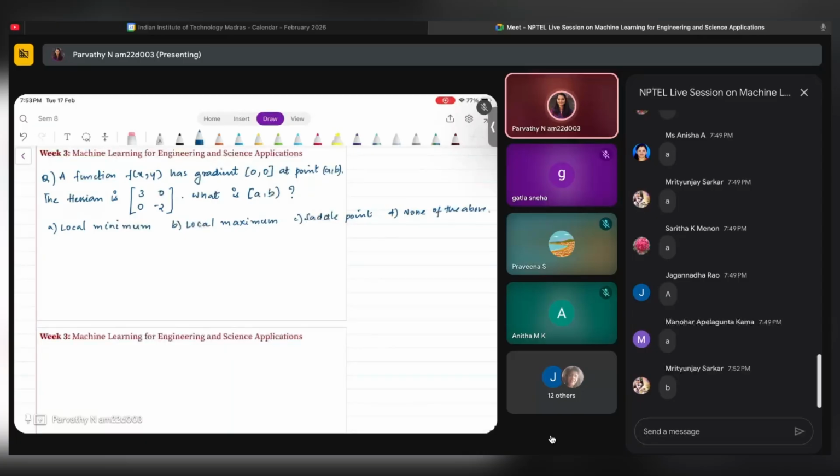So function f of x comma y has a gradient 0 at point a comma b. The Hessian is 3, 0, 0, minus 2. What is a comma b?